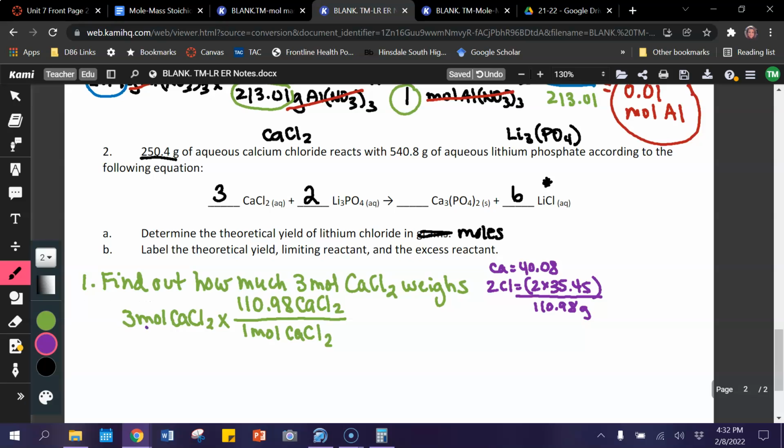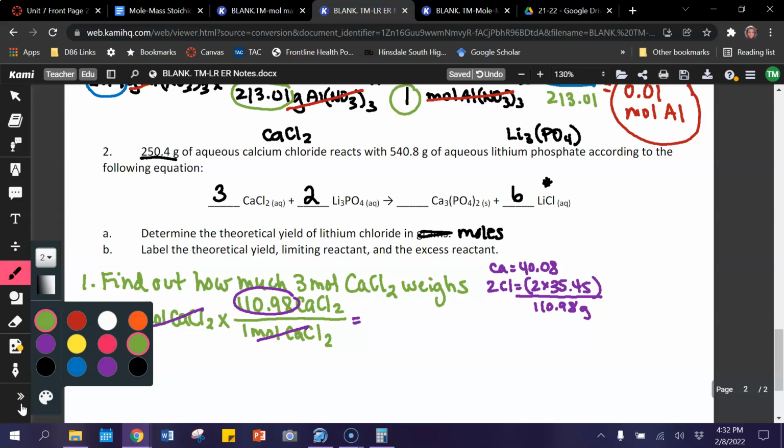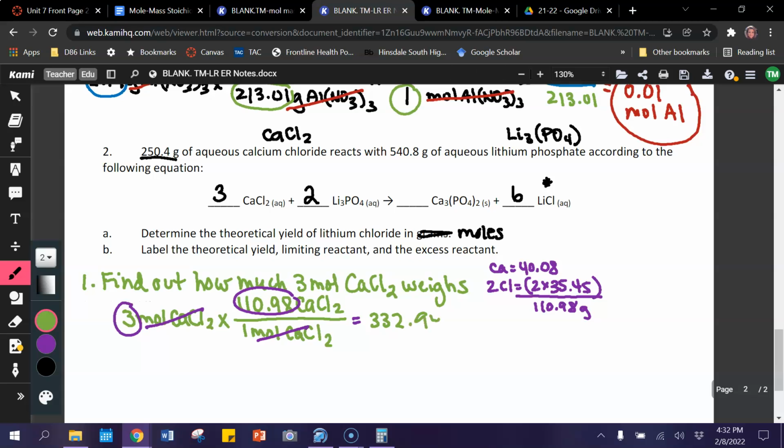So now, if I cross out my units, I see that I have to multiply 3 times 110.98, and that equals 332.94 grams. Well, if we look back at the problem, I see that we only have 250.4 grams, and we need 332.94 grams of calcium chloride.